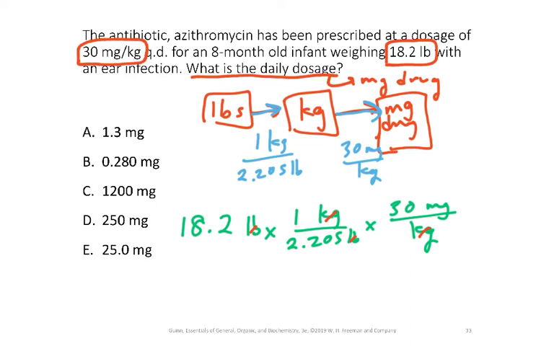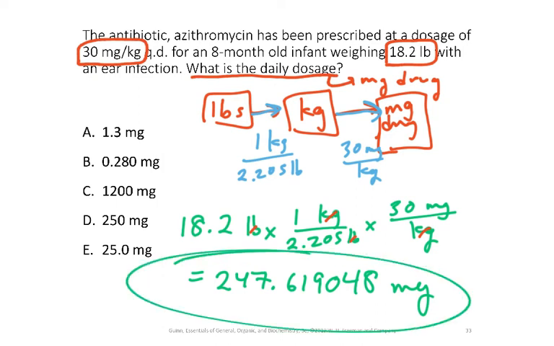And I plug it into my calculator exactly like this, and I get 247.619048 milligrams, which is not one of my options here. Well, that's because we don't actually want all these numbers.